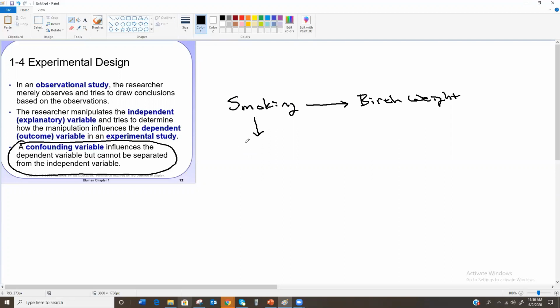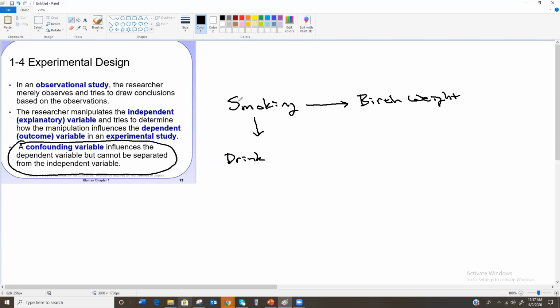There's been several studies that show that people who smoke are more likely to drink, or drink in excess especially. So can you pull away that idea of drinking away from the smoking? No, you can't. And so you don't know whether it's the smoking that's affecting the birth weight or the drinking that's affecting the birth weight.